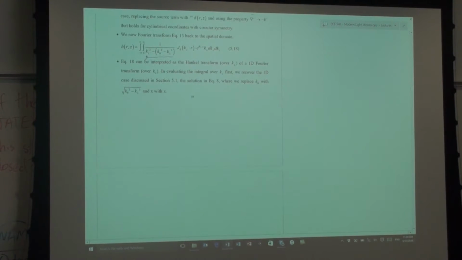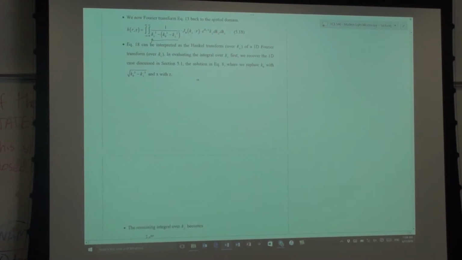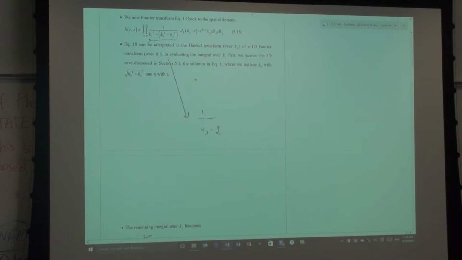And then, if you use that one-dimensional Fourier transform, I feel like I'm losing you guys. Is that true? So I can write this down as 1 over kz minus Q, minus 1 over kz plus Q, where Q squared is k naught squared minus k perpendicular squared. So I'm just expanding that, right? Are you with me?